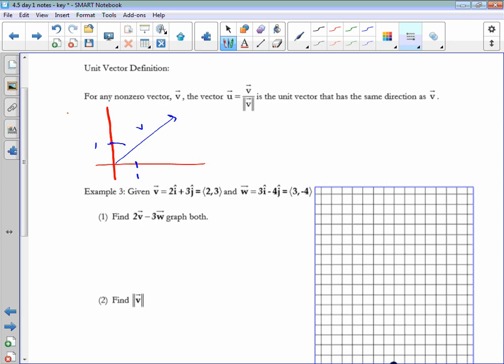I drew a little arc. It's like I'm drawing the first quadrant of the unit circle there. I'll go to a different color. That vector in there is the unit vector.